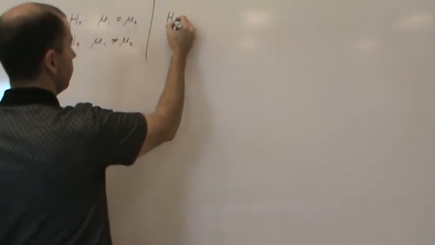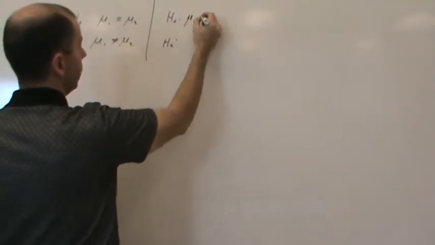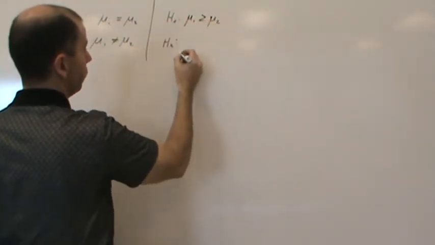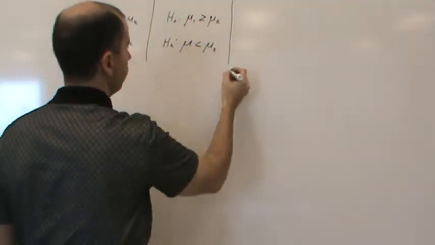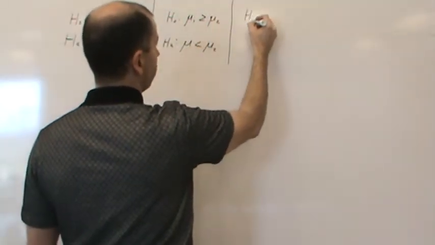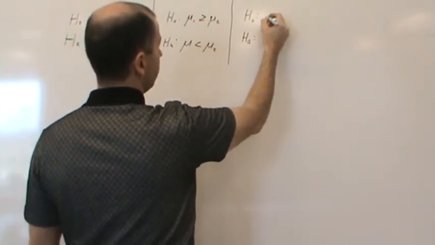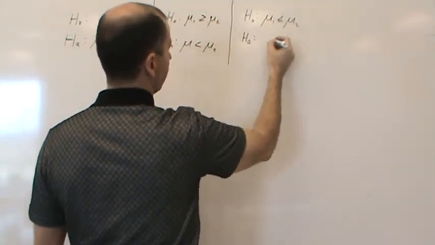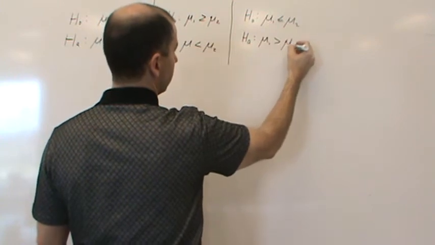The second pair could be this: mu1 is greater than or equal to mu2 versus mu1 is less than mu2. And then the third one is going to be mu1 is less than or equal to mu2 versus mu1 is greater than mu2.